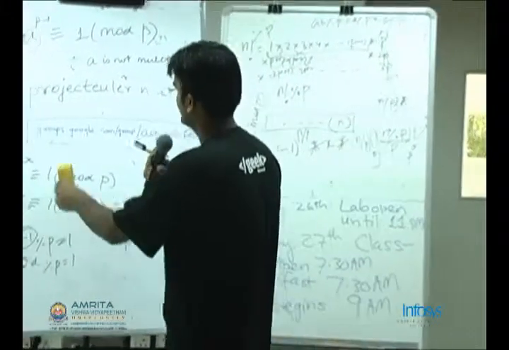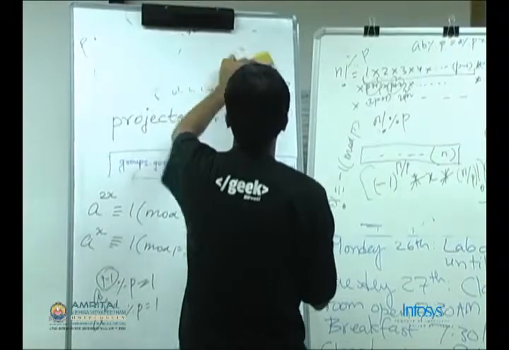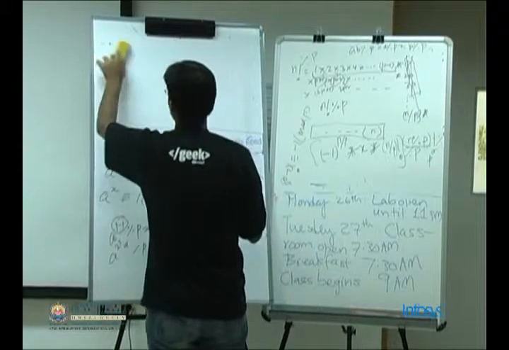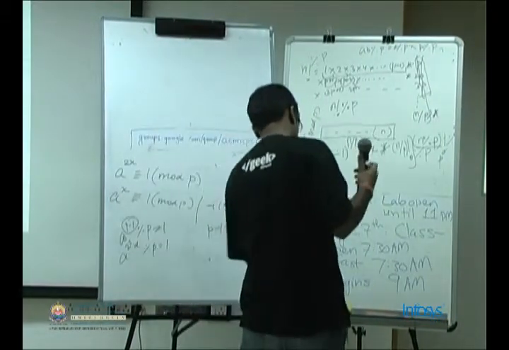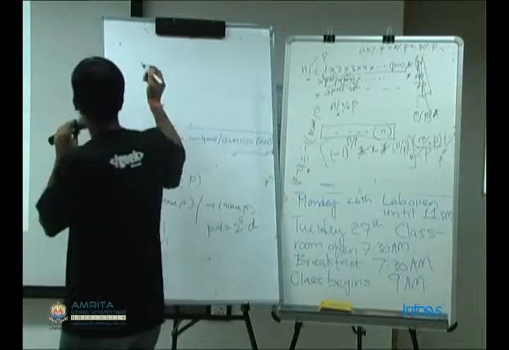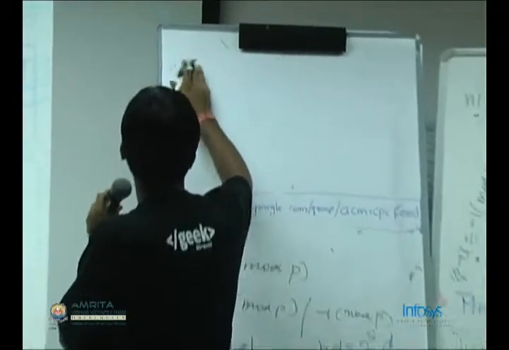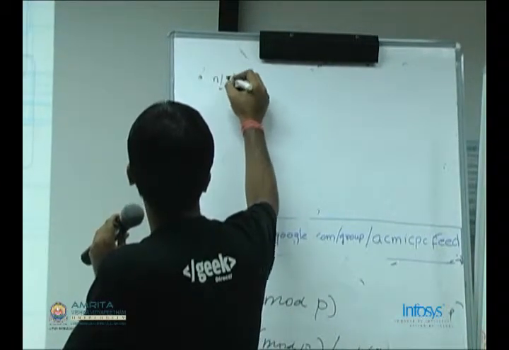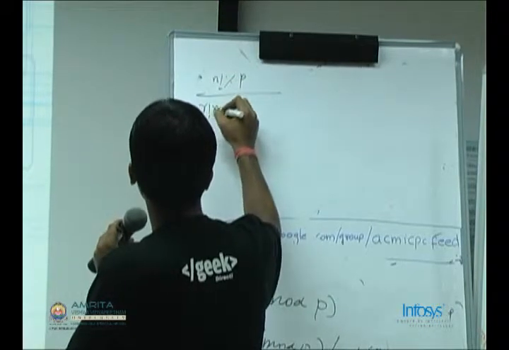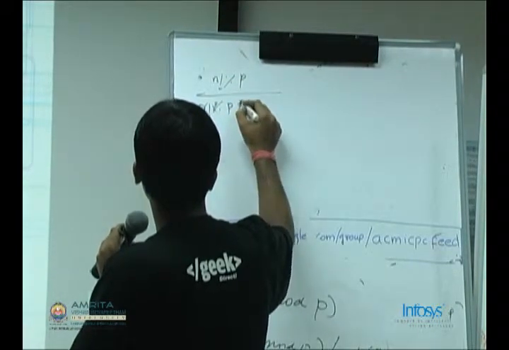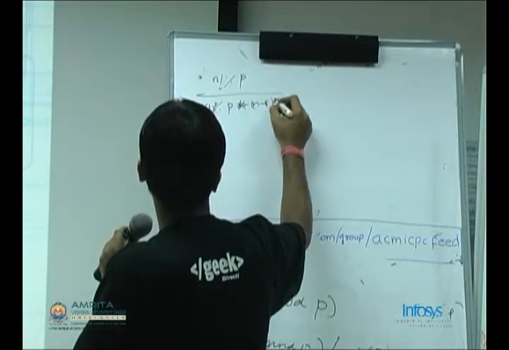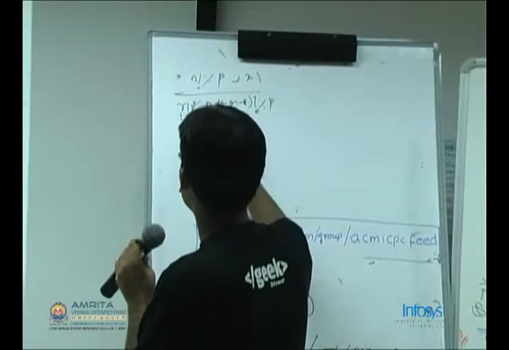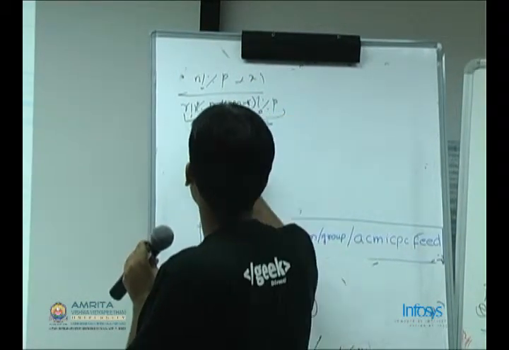So once we have that, we can write it as n factorial mod P upon r factorial mod P into n minus r factorial mod P. Let's say we know this is x1, this is x2, this is x3, or their multiplication.